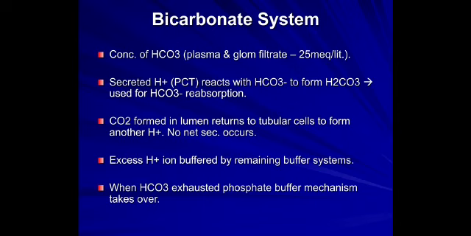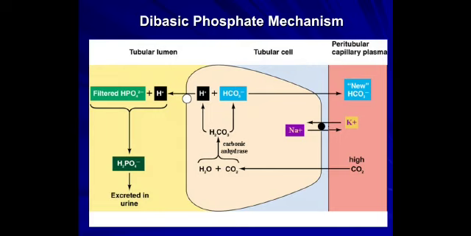When bicarbonate gets exhausted by the bicarbonate system, the phosphate buffer mechanism takes over. It has a pH which is identical. So this is dibasic, where the hydrogen that is secreted combines with monosodium hydrogen phosphate to form disodium hydrogen phosphate.